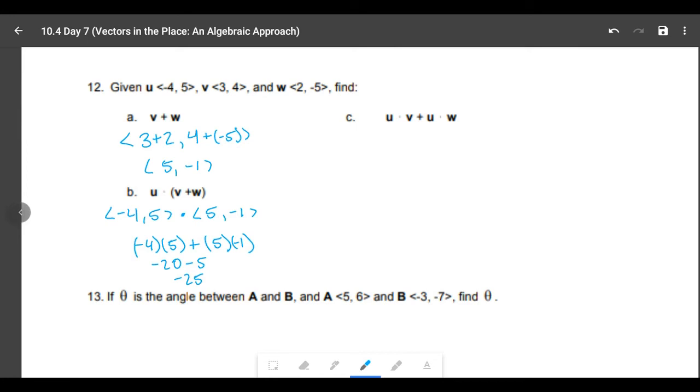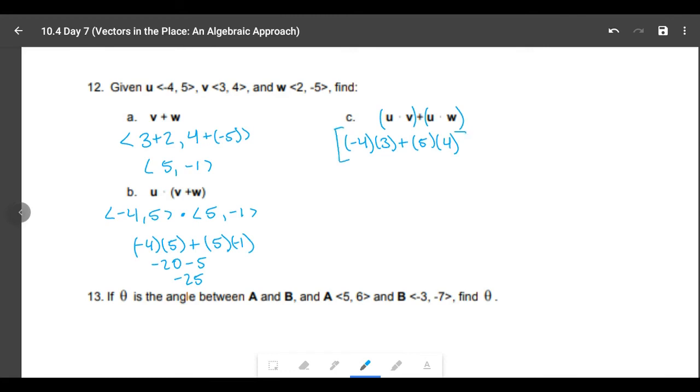For part C, now we have something that's a little bit more complex. When you have something like this, do the dot product first, and then we are going to add those two answers together. So the dot product of u and v, we are going to take negative 4 times 3 and add 5 times 4.